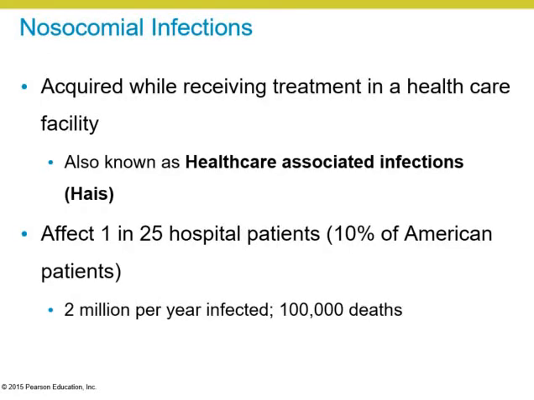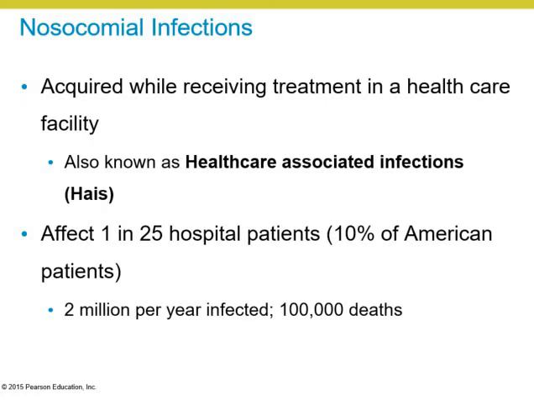Of special concern for the epidemiologists and other healthcare workers are healthcare associated infections and diseases, which were formerly called, as I mentioned, nosocomial infections or nosocomial disease. So healthcare associated infections, abbreviated as HAIs, are infections acquired by patients or healthcare workers while they are in healthcare facilities, including hospitals, dental offices, nursing homes, and doctor waiting rooms.